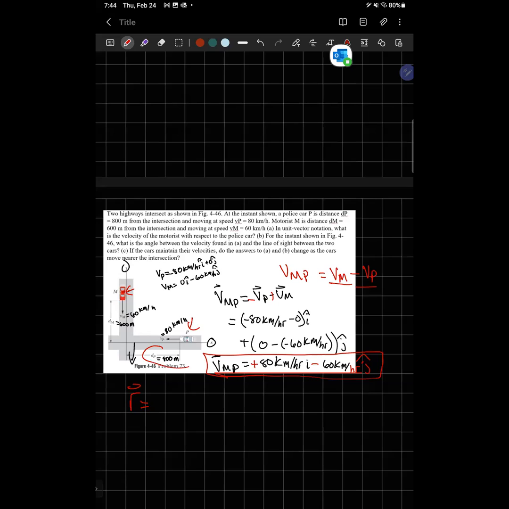This is 800. This is 600. Use these, and you can do vector notation. How do I use these vectors to point to that car?